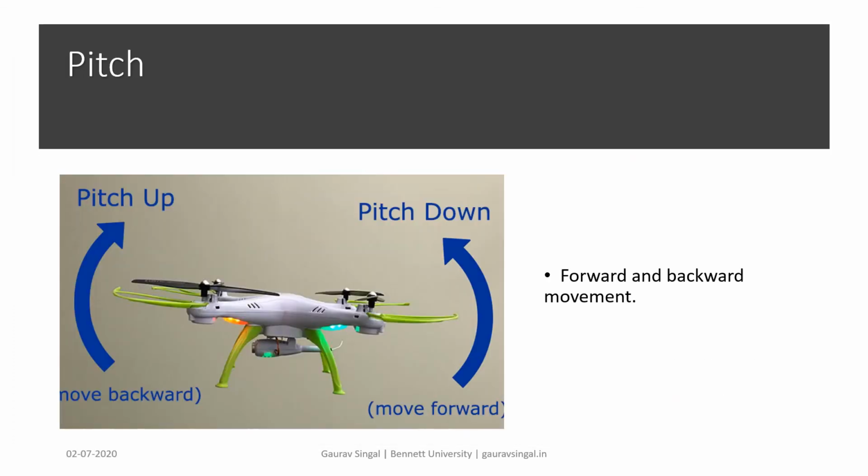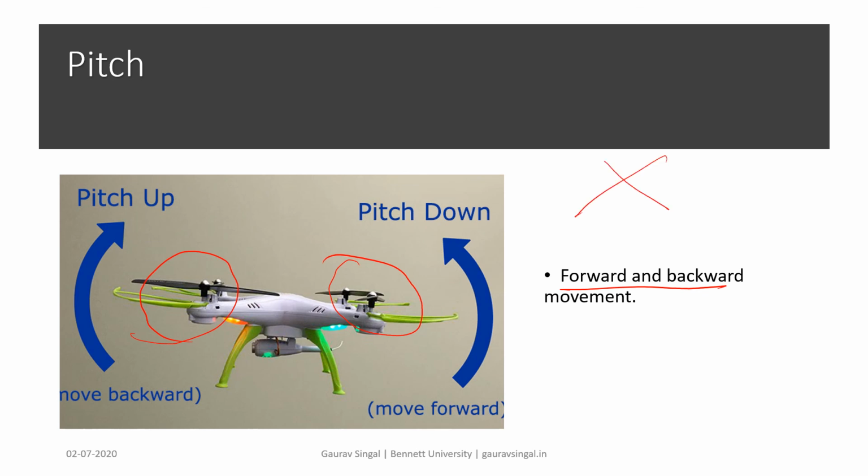After that we have pitch, basically to move forward and backward. If you have seen a drone in real life, when the drone moves forward, it's slightly tilted down, because the forward movement is helped by the rear motors. And if you want to go in reverse, it is done with the help of the front motors.